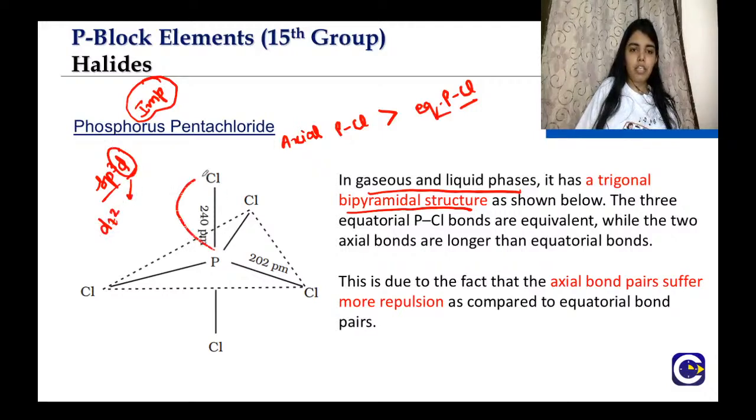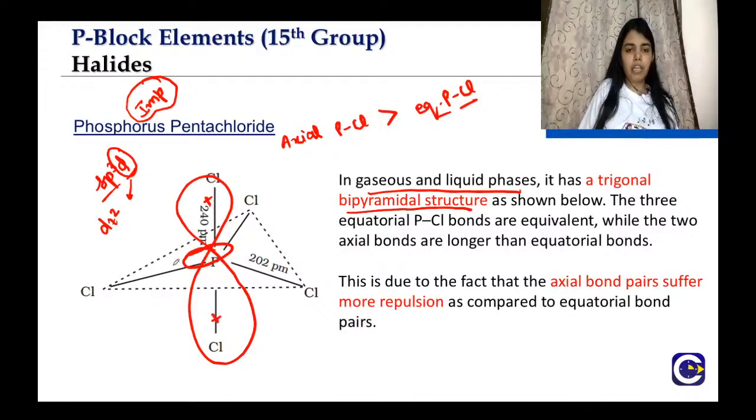So if you draw dz square here, this is dz square, basically a positive lobe here, a positive lobe here and a negative ring here, right? The ligands, that is the chlorides, the Cl negative, are coming along the z axis, along the axis, right?